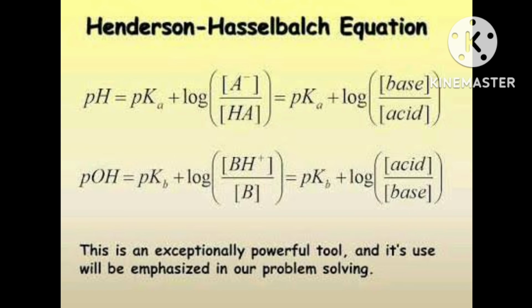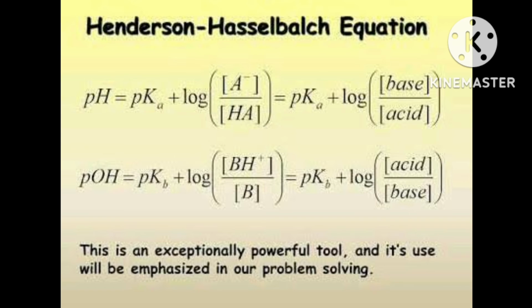If you know either pH or pOH, then the total is equal to 14. Suppose you know the pH, then the pOH value will be 14 minus pH. Or if you want to calculate pH, then 14 minus pOH. Hence this formula is also very important: pH plus pOH is equal to 14.